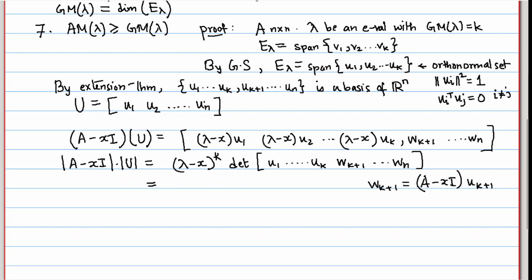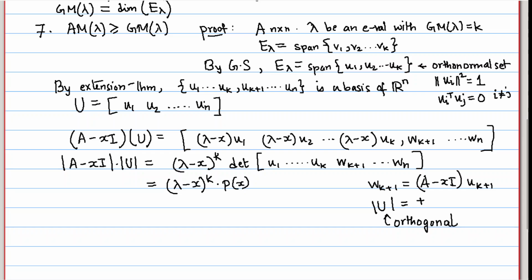So we can say that this is lambda minus x to the power k times some polynomial in x. Now also note that the determinant of U, since U is an orthogonal matrix, why is it orthogonal? Because the columns form an orthonormal set.